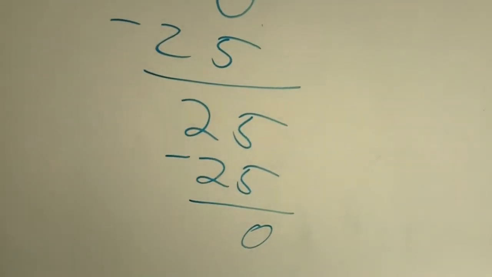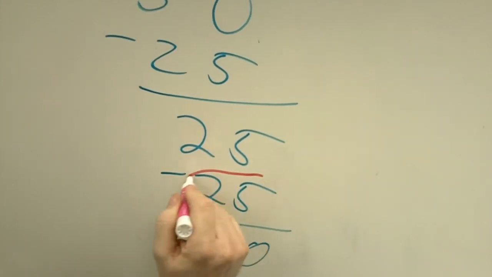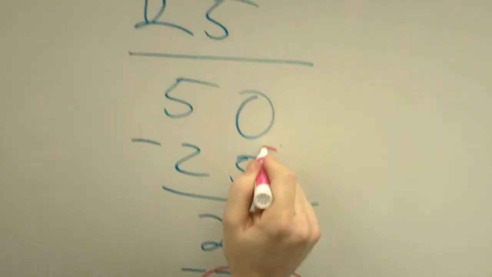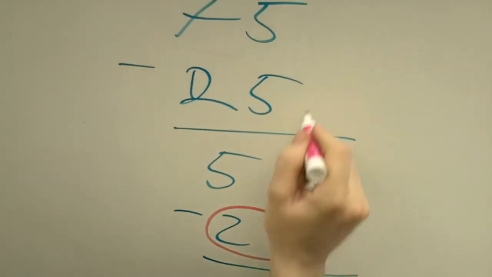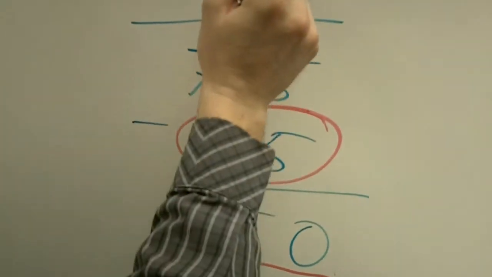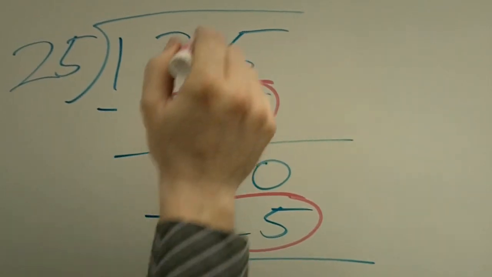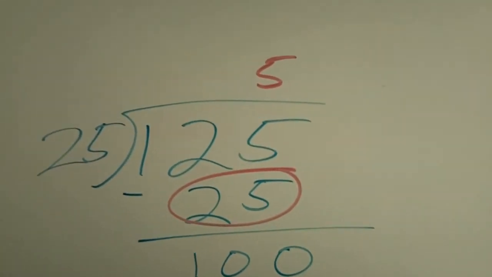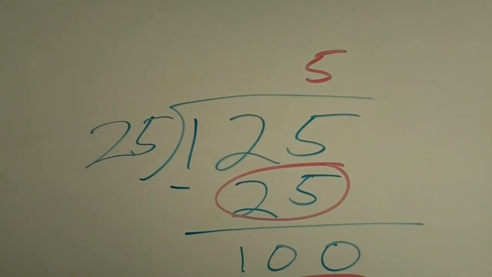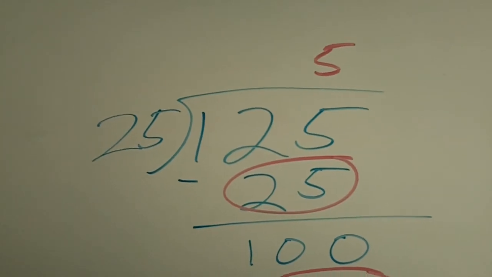Now again, we've got to go back and count up our 25s. 1, 2, 3, 4, 5. And indeed, we have 5 groups of 25 in 125.